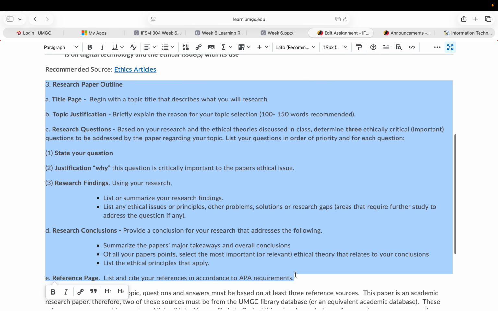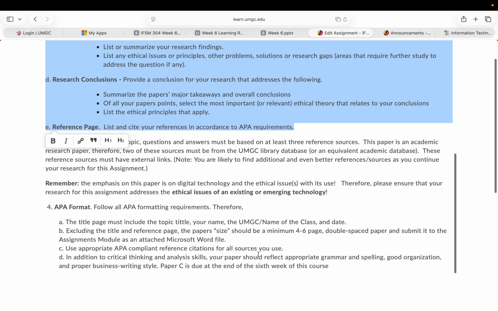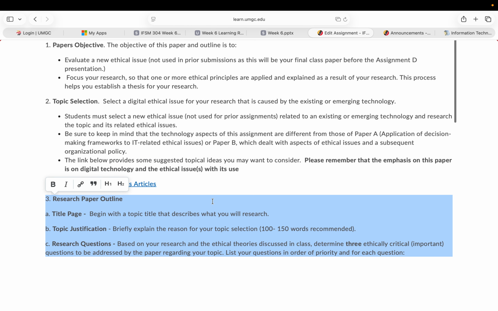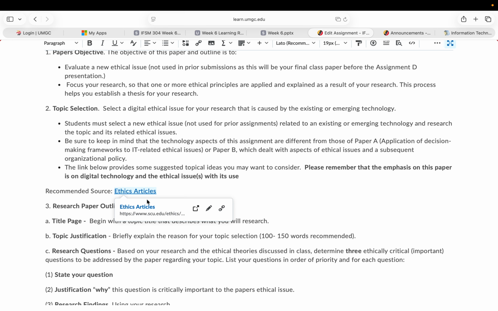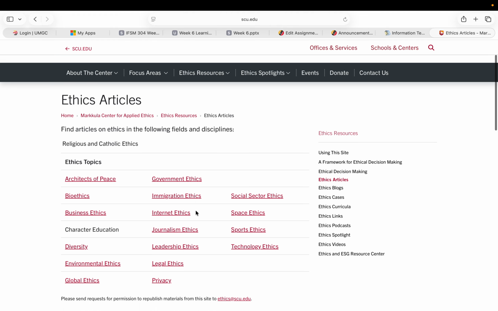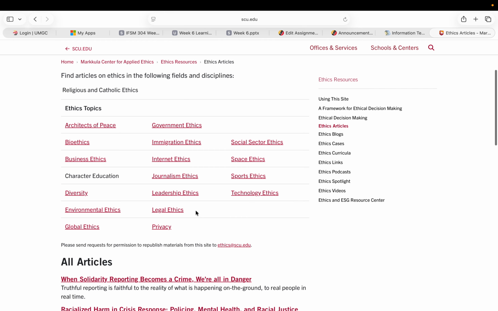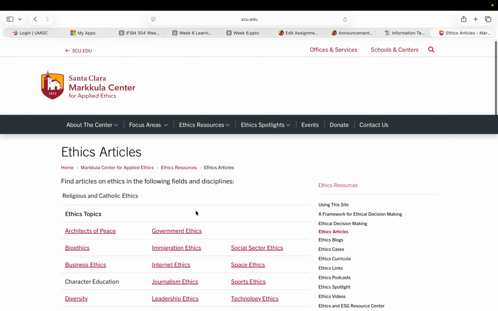You create a ham sandwich based on this, and you answer those questions in there. All right? It talks about APA format. Okay, what ethical issues? I believe they give you ethics articles that you can pursue. It can be any of these, but it has to be your research and your article.